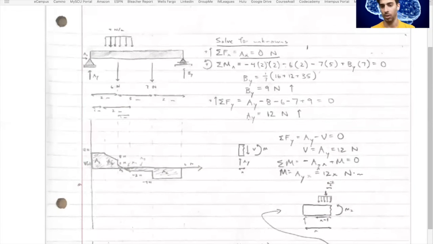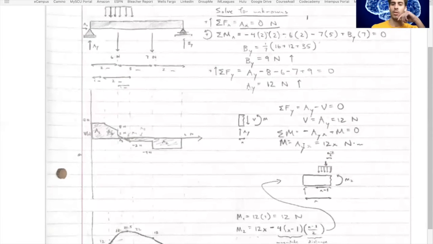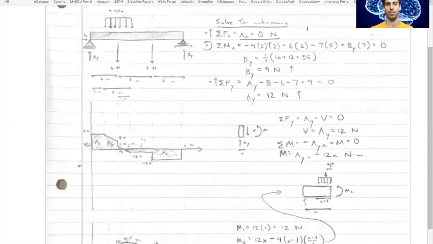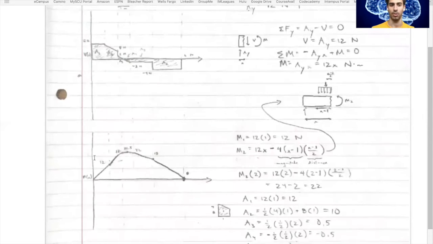And if you go here, this relationship is actually AY times the length x, and the furthest this relationship is true is up until this applied load. That max distance is 1 meter. So it's just a linear relationship. This line you can think of as 12x and caps off at 12.